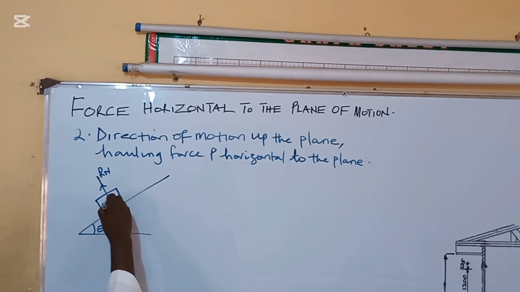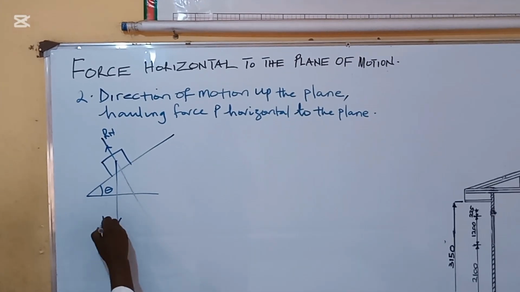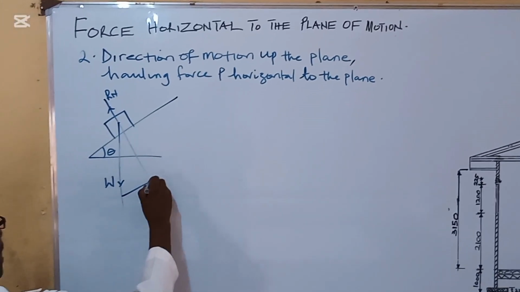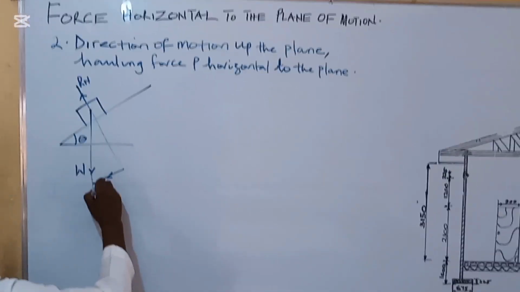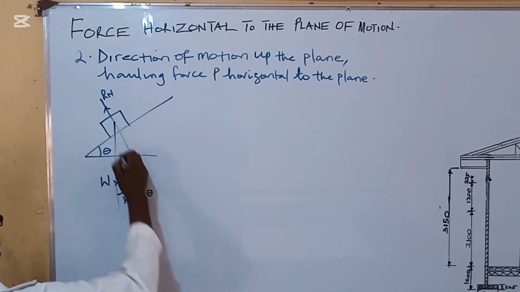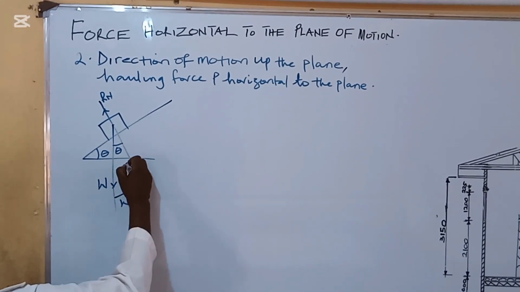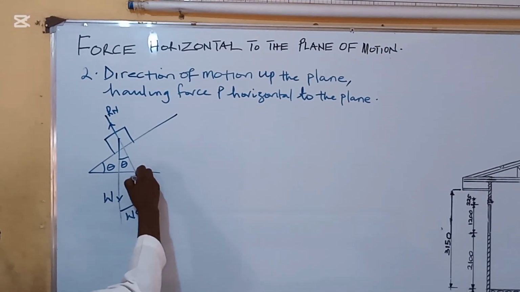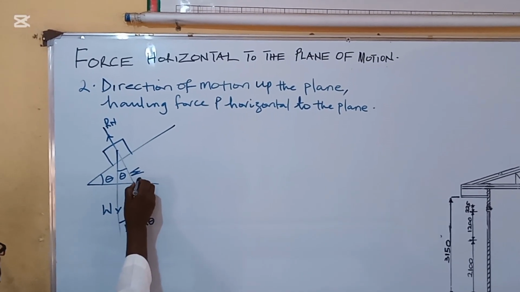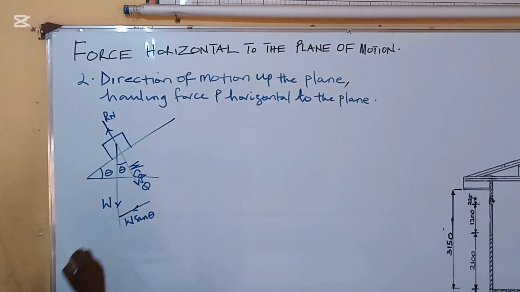The weight acting downwards, W. The component of the weight parallel to the plane, that is W sine theta. Mark you, this angle is also theta, right? And the component of the weight acting downwards is W cos theta.